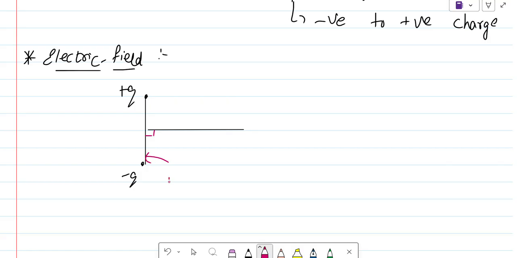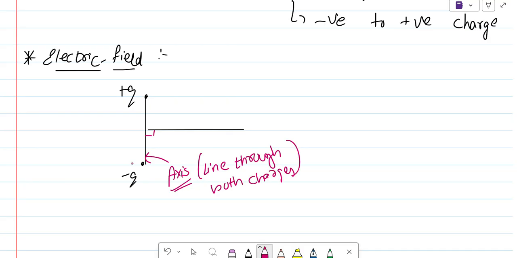First of all, the axis is the line passing through both the charges, is the axis of the dipole. Okay, line through both charges. अब उस लाइन के परपेंडिकुलर जो लाइन होती है जो मिड पॉइंट से पास करे, दैट इज योर इक्वेटोरियल लाइन.